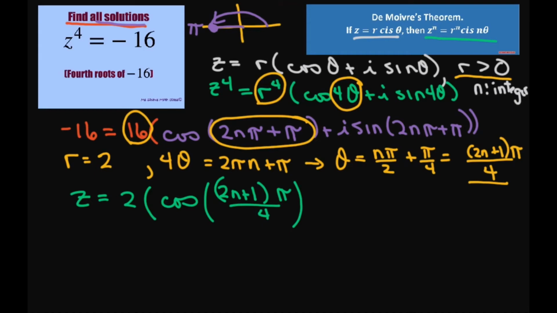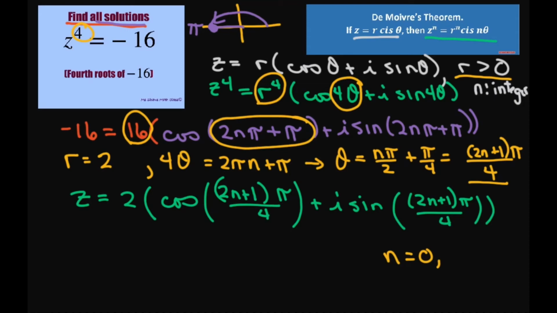All right, and then do the same thing, plus i times sine of 2n plus 1 times pi divided by 4. Since we have 4 here, the fourth roots, our n is going to be 0, 1, 2, and 3.